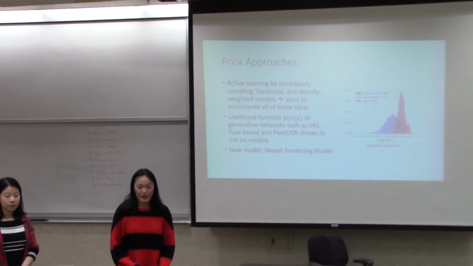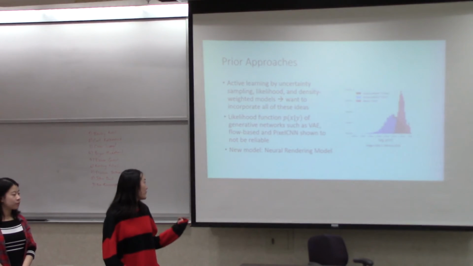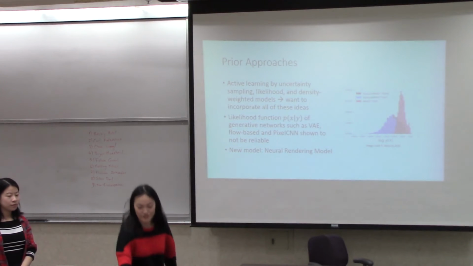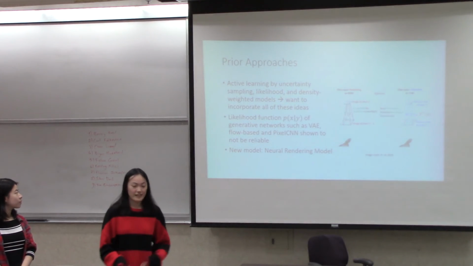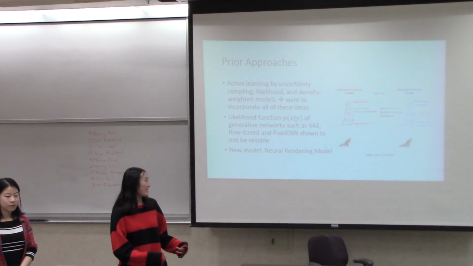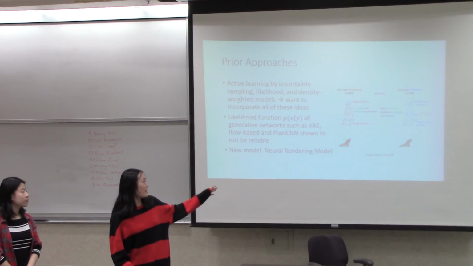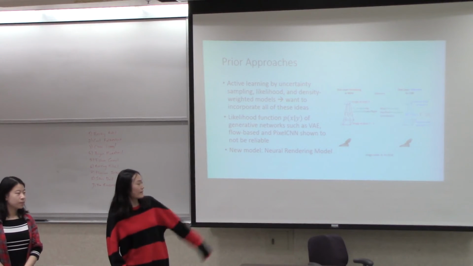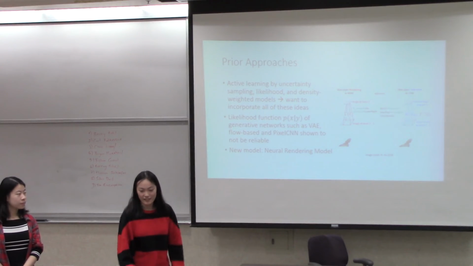So this might be a problem that we will face. So we want to use the neural rendering model, which is basically like a reverse version of a CNN, and we want to use the inference of that as our CNN.